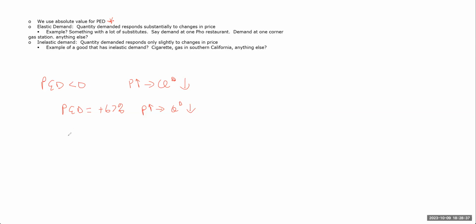If someone gives you PED is equal to something like 67%, and they don't explain the data, you don't know if you have a normal, usual good that follows the law of demand, or a Giffen good. Because remember, for a Giffen good, price goes up, quantity demanded goes up. Price elasticity of demand would be positive.